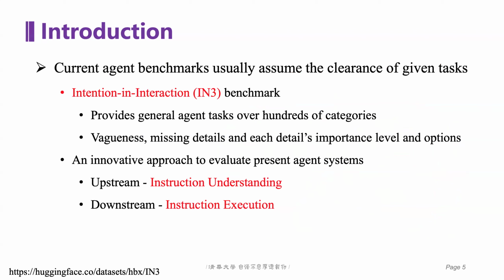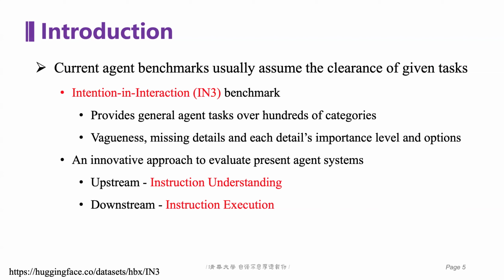Now I'm going to give a very brief overview of how we solve this problem. We see that current agent benchmarks usually assume the clarity of the given task. For math tasks, QA tasks, and tasks like those in GAIA, some of the existing benchmarks are very clear on instructing what the agent should do or find.